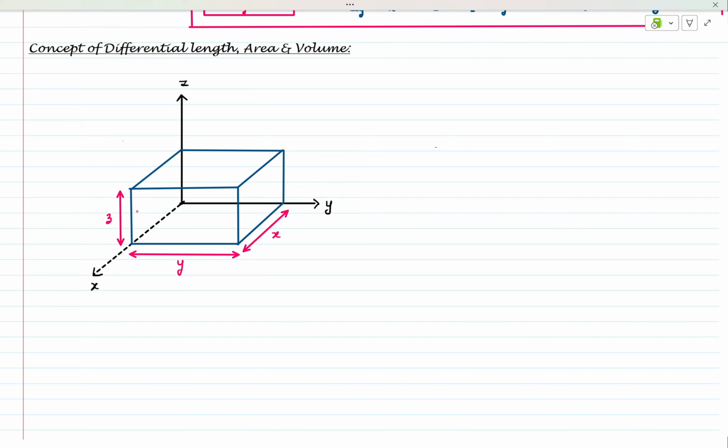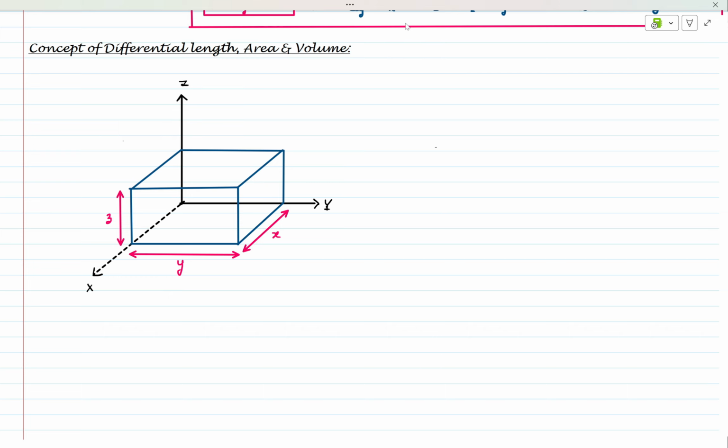Small x, small y, and small z. One more thing, these are capital: in this XYZ coordinate system, X, Y, and Z are capital, and the width, length, and height of this block are small x, y, and z.